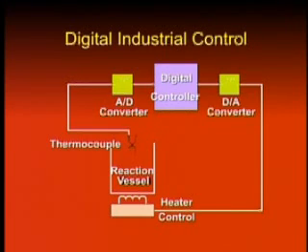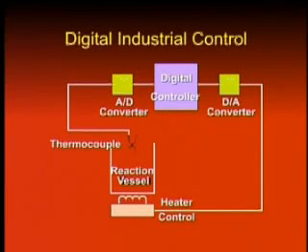The vessel is being heated by some form of a heater. A thermocouple, basically a device which converts temperature into corresponding analog voltage values. An A to D converter, which converts the analog voltage representing the temperature of the vessel to the digital format.